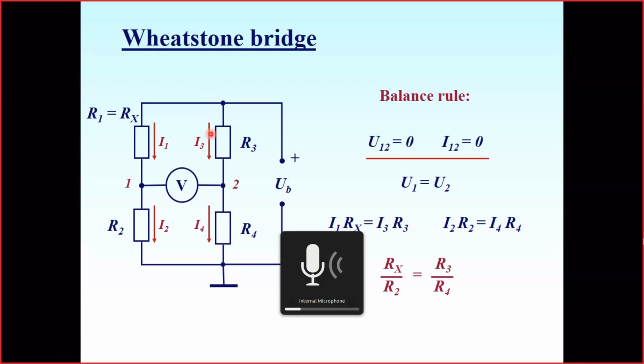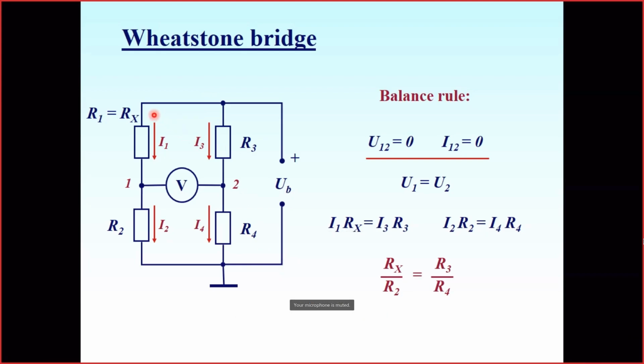But still, looking at the bridge, why is this kind of circuit named a bridge? Here we have some power supply, plus here, minus or ground here. So we have a voltage applied between this and this point. If you look at this bridge, we actually find two voltage dividers.